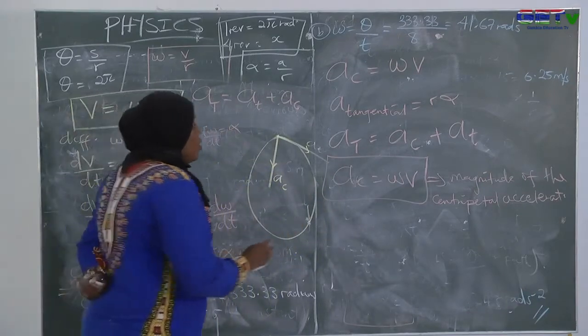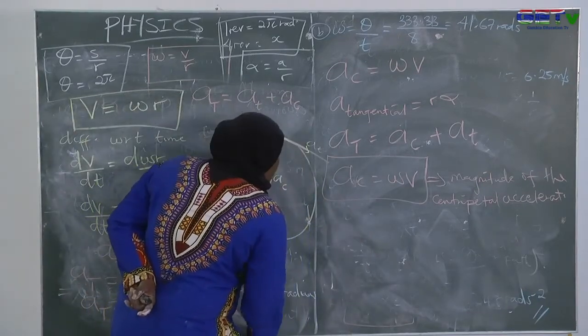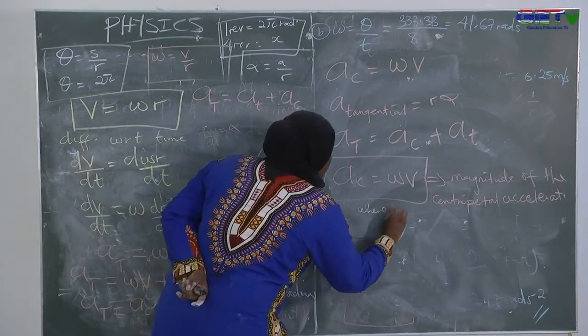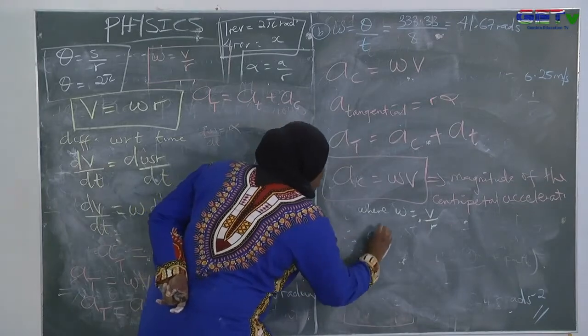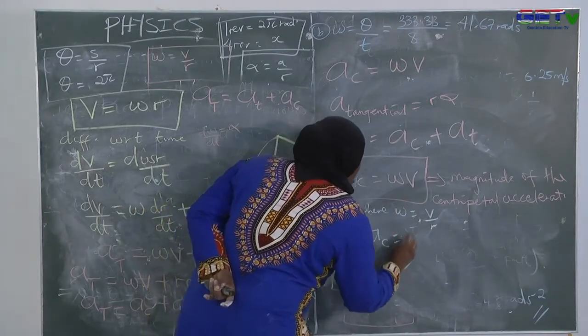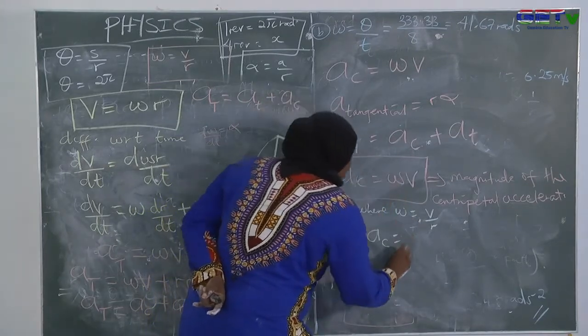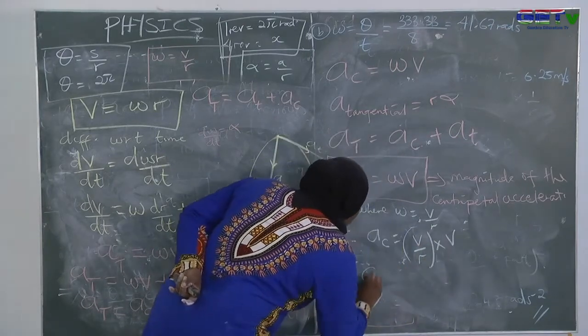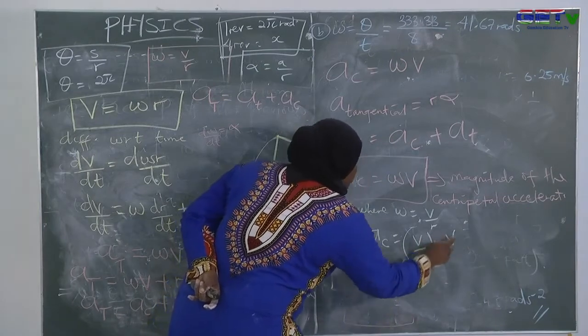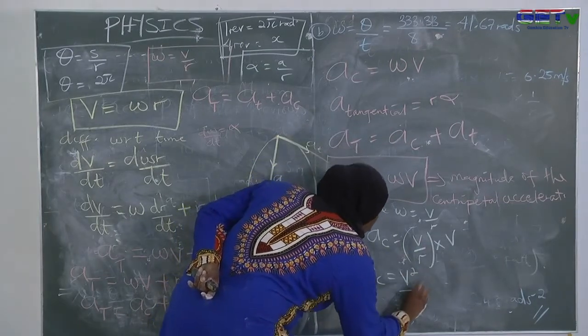Is that clear? We know that omega is v over r. Therefore, the magnitude of AC will be omega times v. In place of omega, what will I write? v all over r, times v. So AC will be v times v, which is v squared all over r.